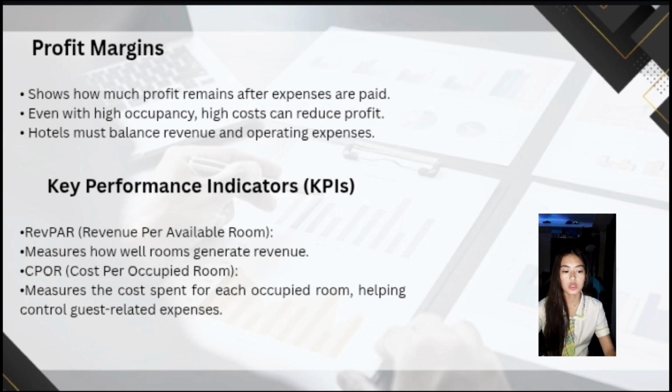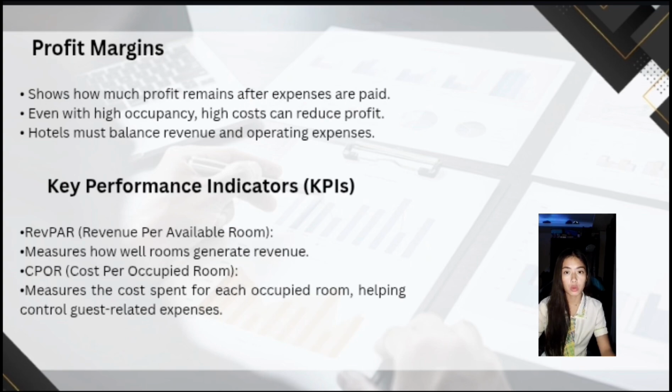If you have 60 occupied rooms, the total cost for cleaning supplies, laundry, electricity, and guest amenities is 30,000 pesos. So you divide the 30,000 pesos by the occupied rooms, which is 60, so it equals 500. So CPOR shows how much the hotel spent for every occupied room.